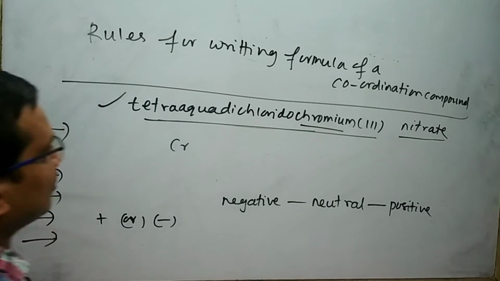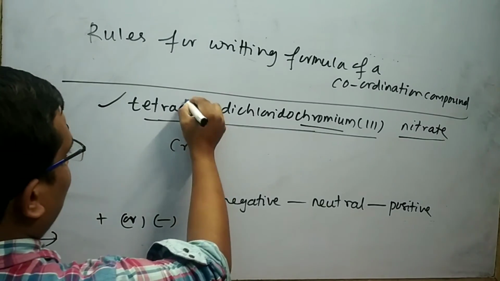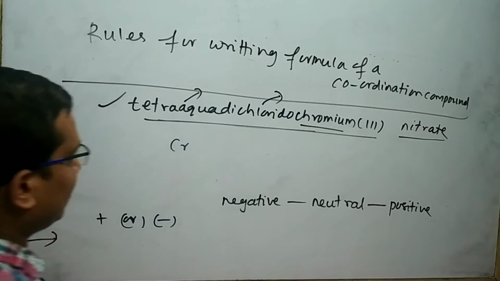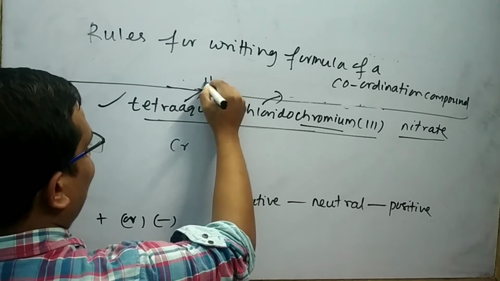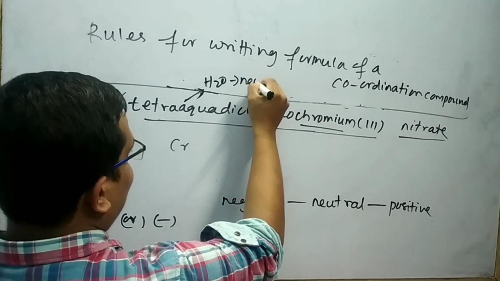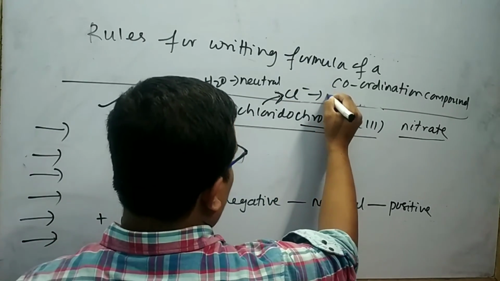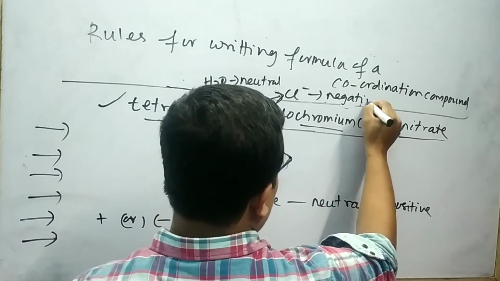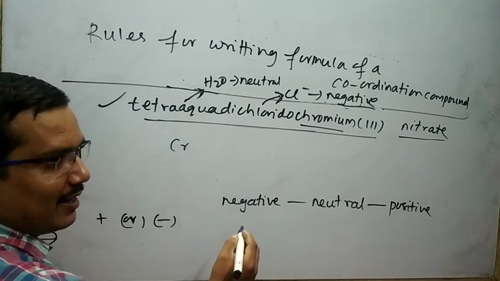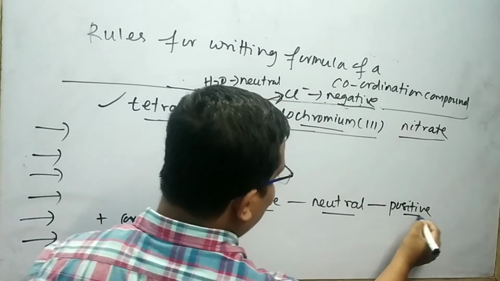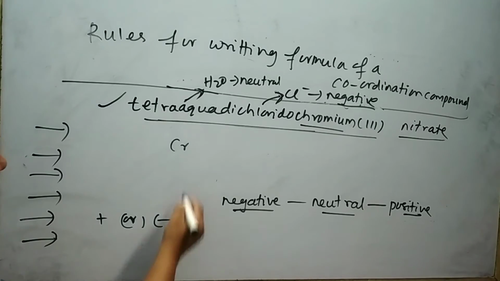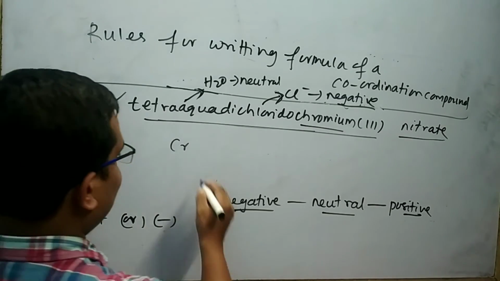There are two types of ligands present: one is water, another is chlorine. Here water is a neutral ligand. Cl minus is a negative ligand. According to the rule, at first the negative ligand is written, then the neutral, then the positive ligand. So Cl minus is written first.